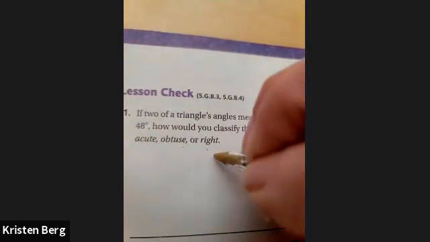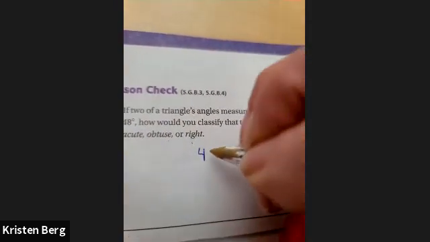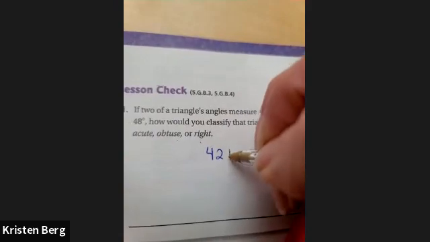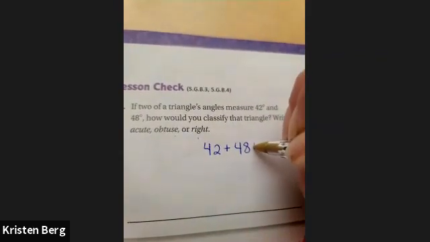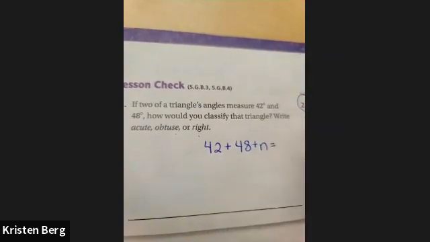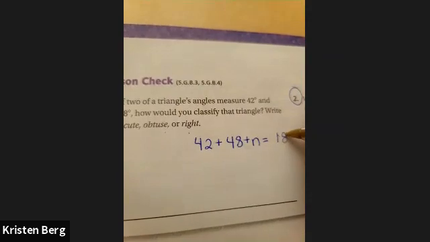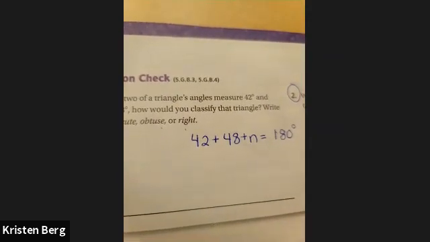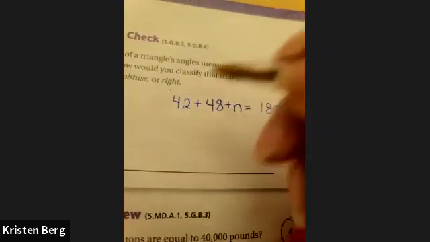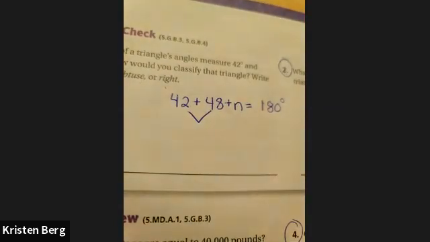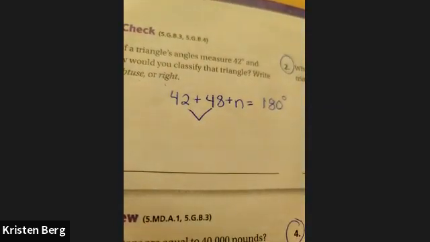So in this case, it says that 2 of them, there's one that was 42, one that is 48, plus you have another angle. And remember, all triangles, we already talked about this, come out to be 180 degrees. So if you wanted to figure this out, you should be adding up these 2 to see what this comes out to be.